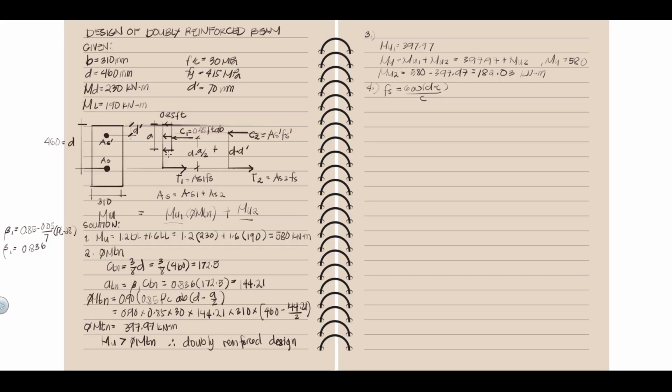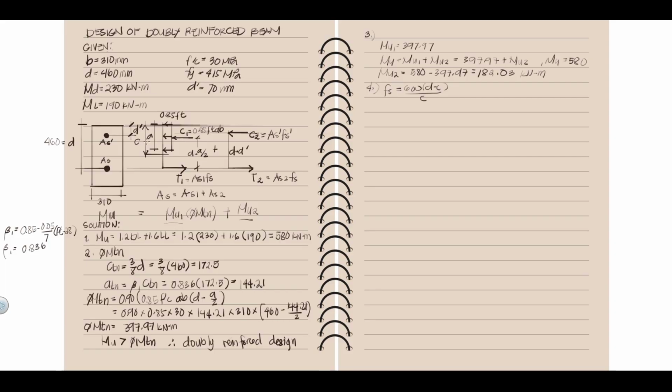Okay, so ito yung diagram natin sa una. Ito yung may C. Ito yung height of the actual compression concrete. Ito yung actual height of our concrete na makikerry ng compression. Yan yung C natin. Of course, our C here will be equal to the CTN.